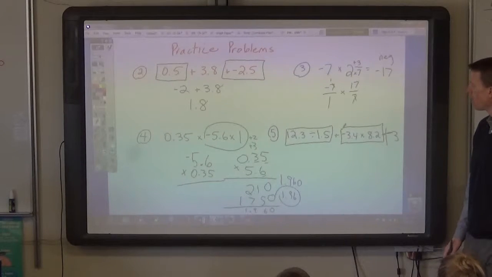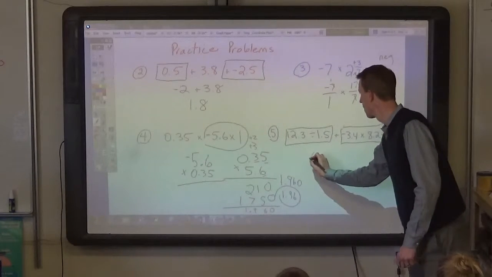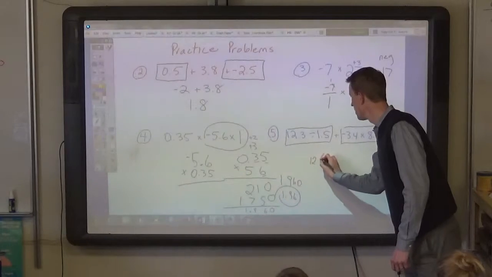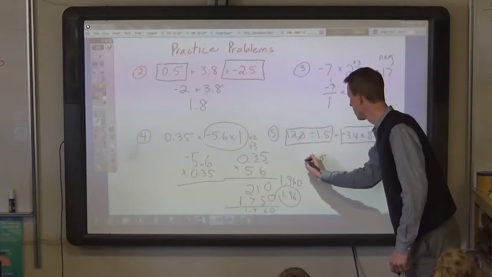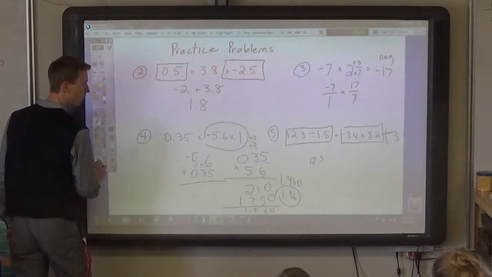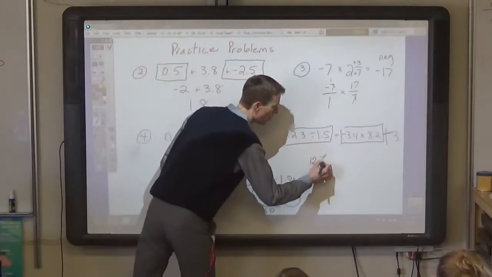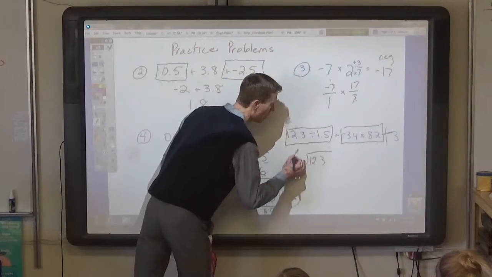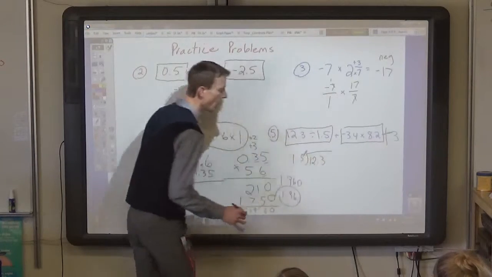12.3 divided by 1.5. We have to put the first number on the inside. 12.3 divided by 1.5.